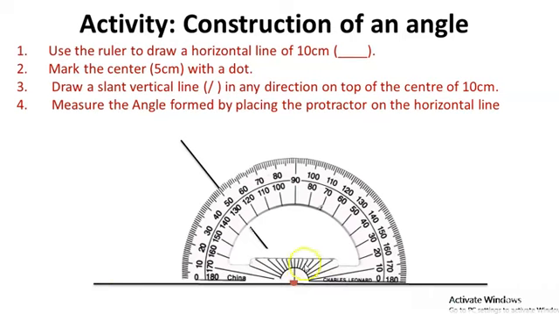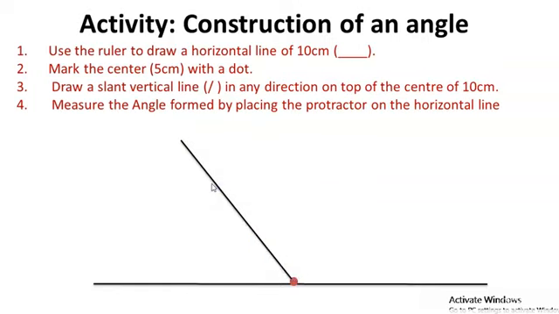If you start from the left hand side, it starts from the 0 point, that's the reference point. So we have 10, 20, 30, 40 and 50. You can see that at exactly 50, that is where the slant line touches the protractor.